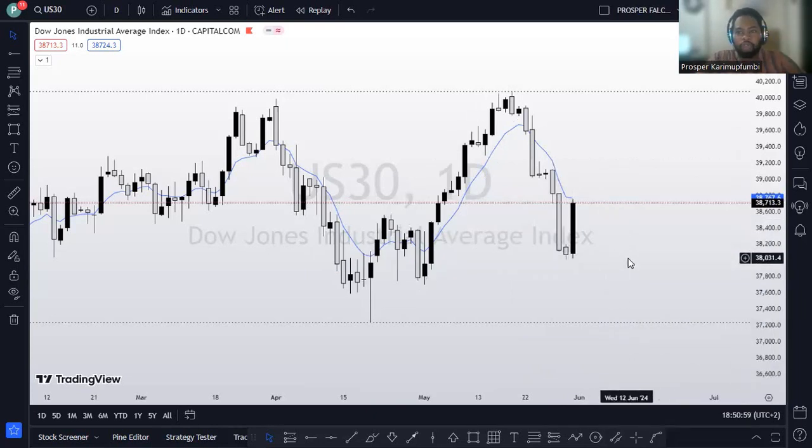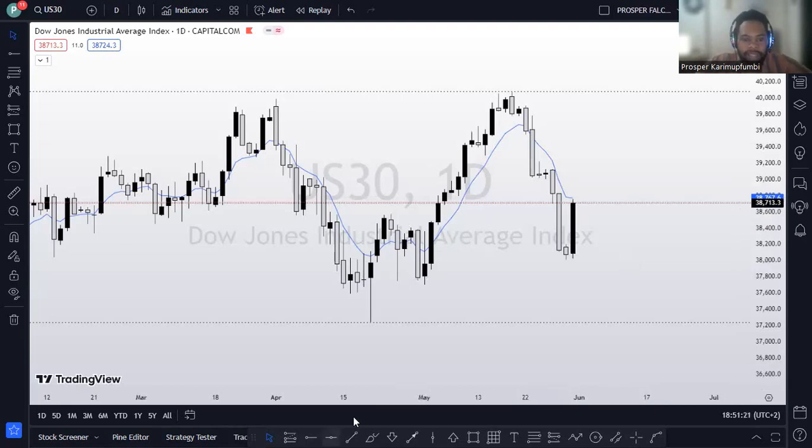So here's the thing that I do. I also use what's called a top-down analysis, looking at the bigger picture before making an overall decision on the smaller time frame. I start by looking at higher time frames, and then all of my entries are going to be on the lower time frames.